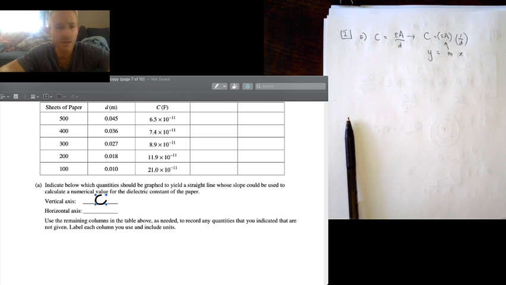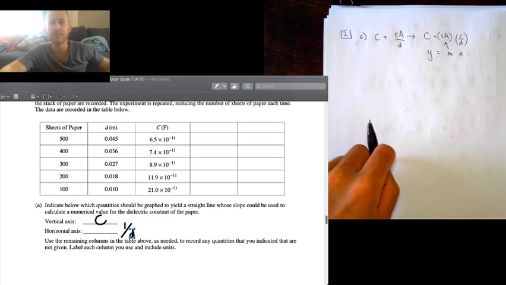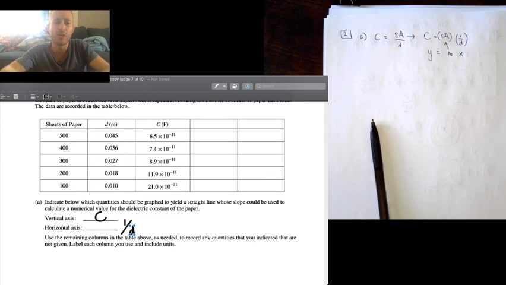And on the horizontal axis, I would put 1 over D. All right? So I need to compute my 1 over D table.